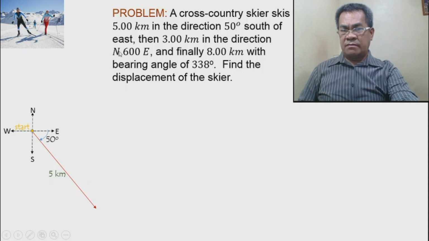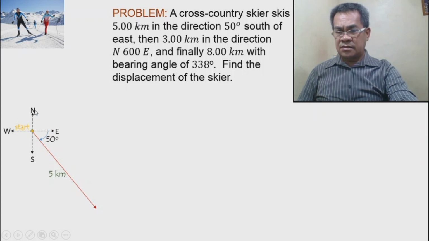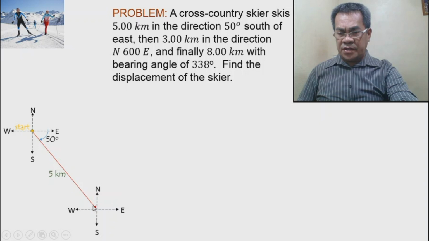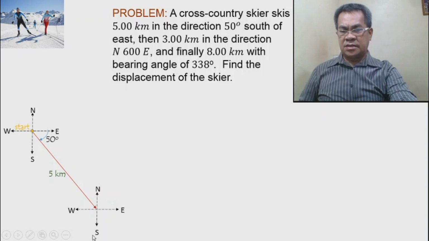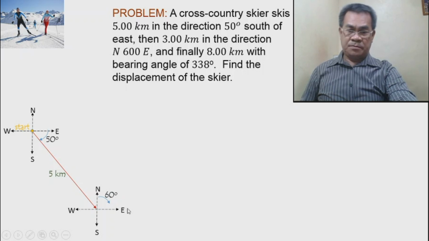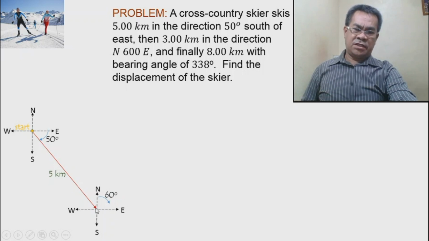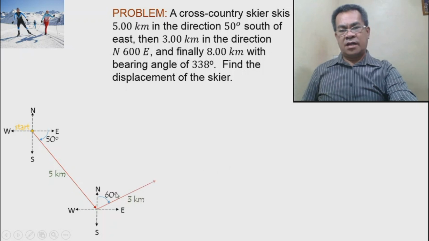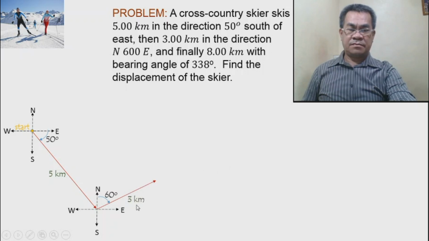So from north we have 60 degrees, and this is east. You are now in this position, so you have to construct the Cartesian, or the north, south, east, west axis. The angle is coming from north, so you construct the 60 degrees from north, because this is north 60 degrees east. The displacement goes along that line for 3 kilometers.